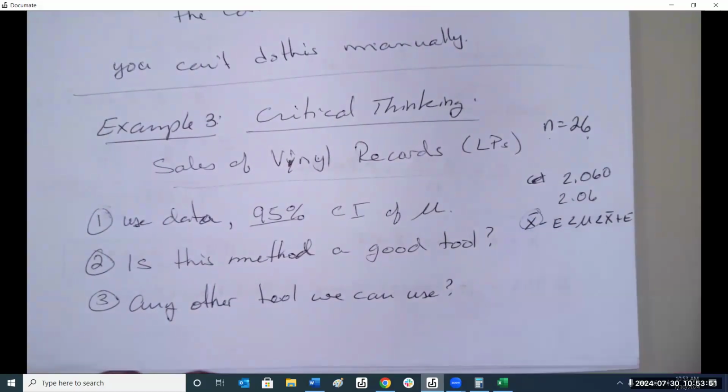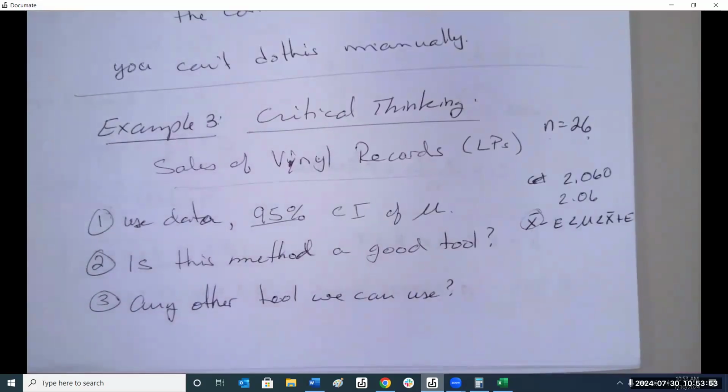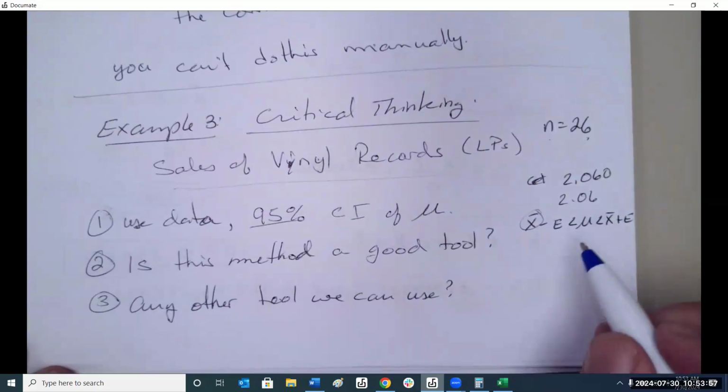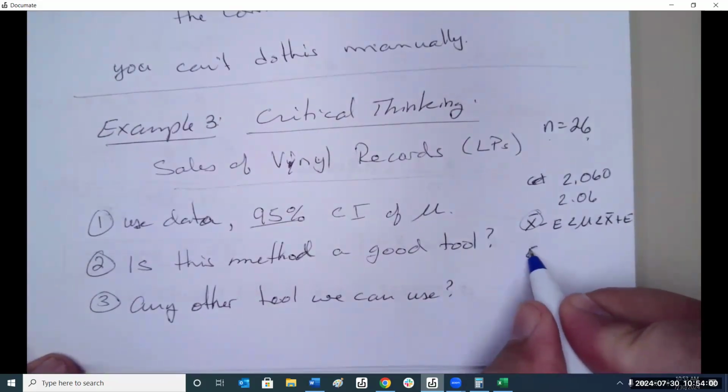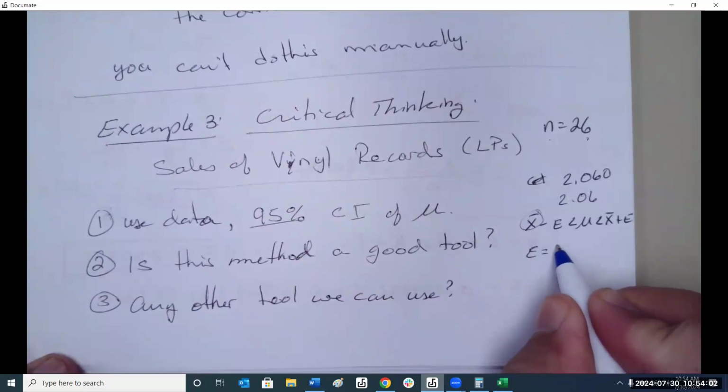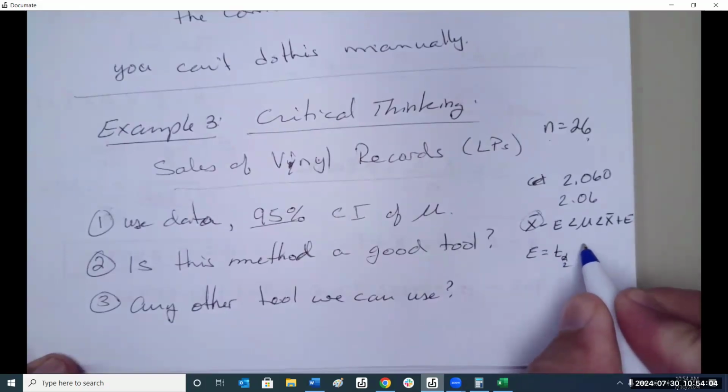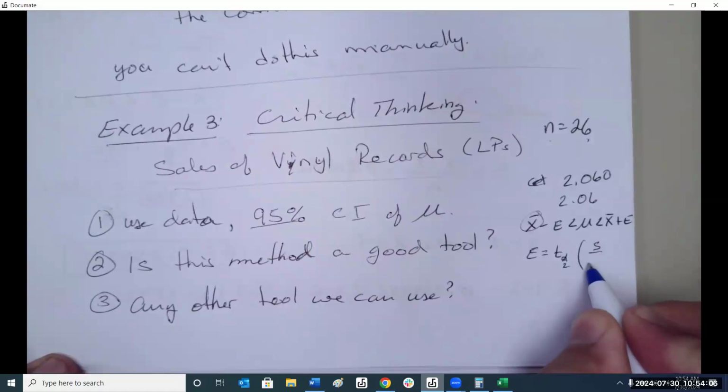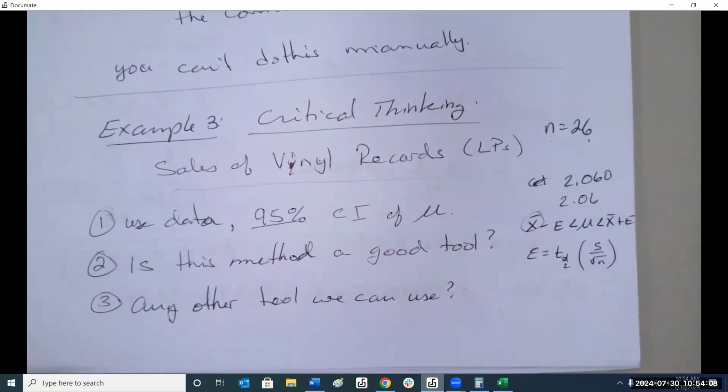So we have to find the sample mean, the mean of all our data, and then we have to calculate E: t alpha over 2 times standard deviation over square root of n. All right, let's get to it.